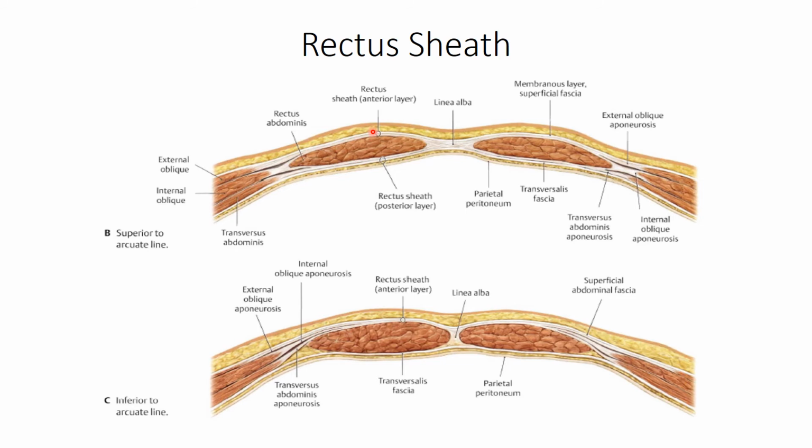So the anterior layer is formed by the anterior lamina of the internal oblique and the aponeurosis of the external oblique, and the posterior lamina is formed by the posterior layer of the internal oblique and the aponeurosis of the transversus abdominis, and these finally merge at the level of the linea alba.